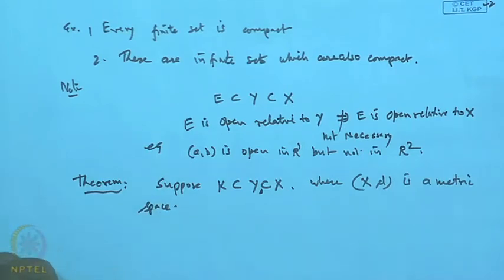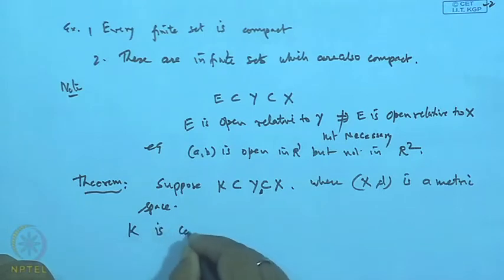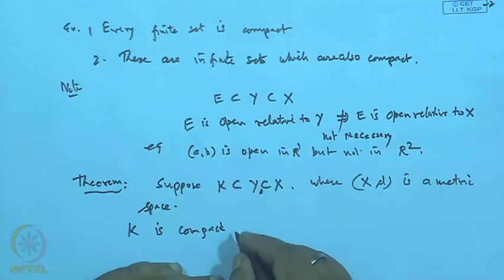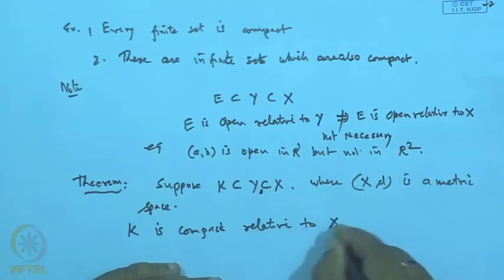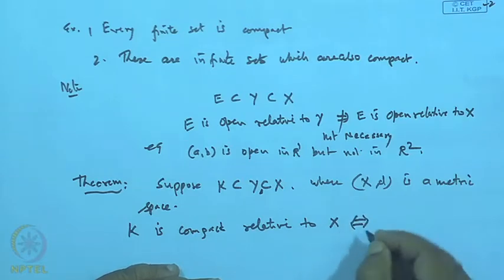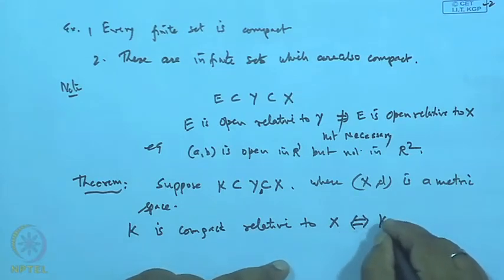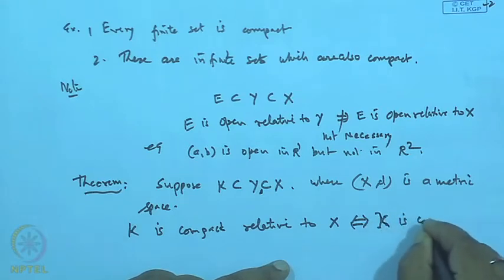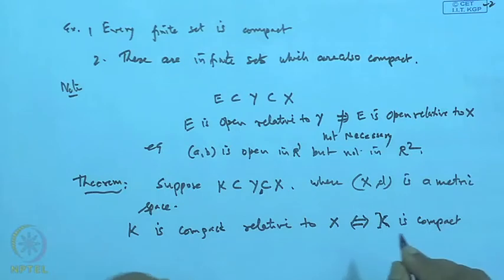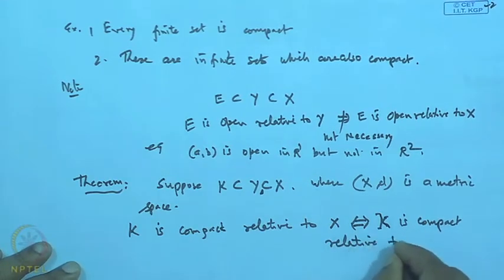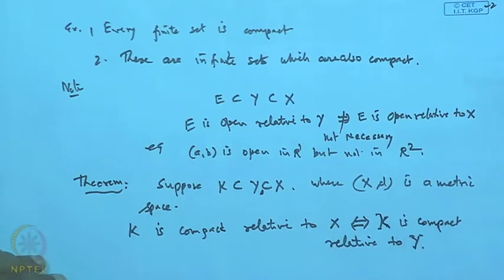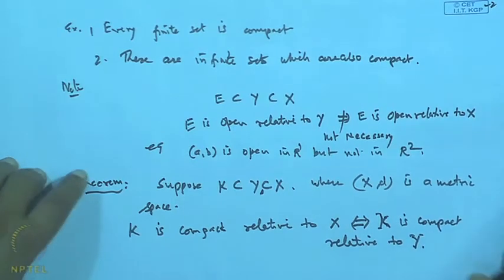The result says K is compact relative to X if and only if K is compact relative to Y. So, let us see the proof of this.